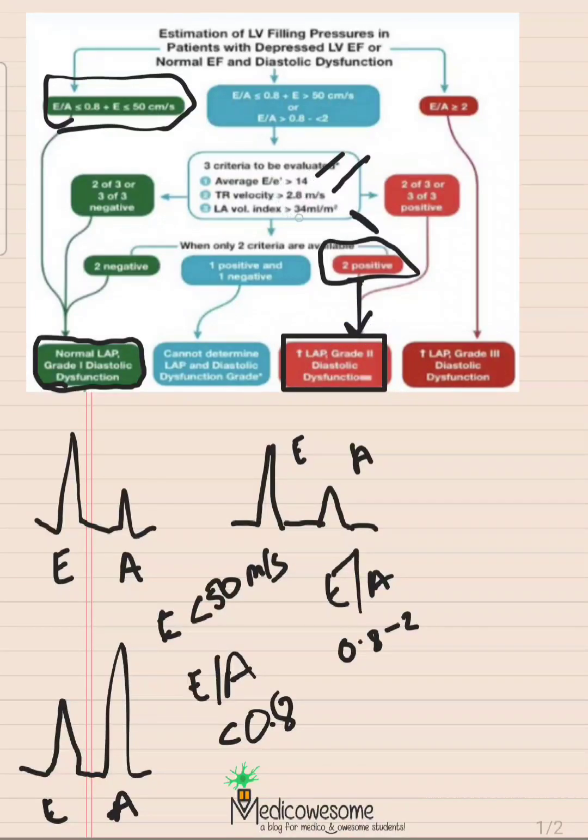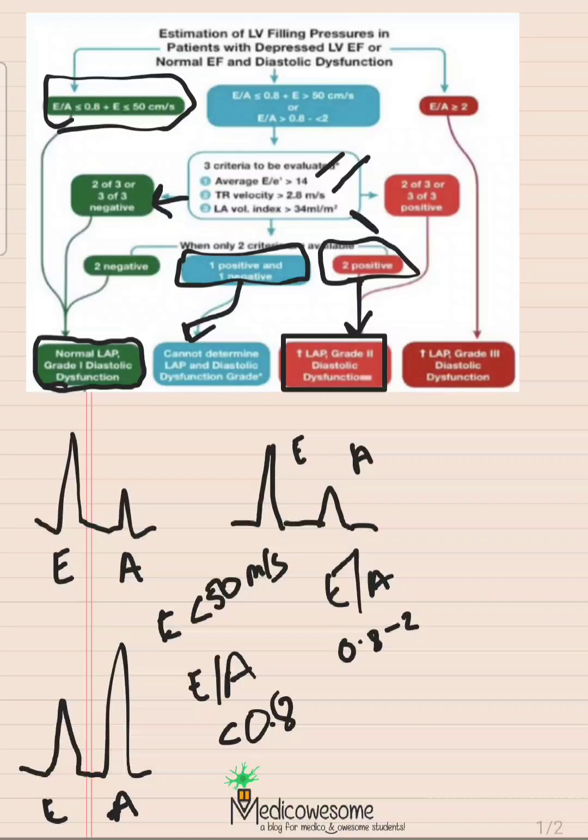If two of the three or all three are negative, then they have normal left atrial pressure with grade 1 diastolic dysfunction. And if you have only two criteria and you really can't evaluate, it's a 50-50 thing, where one is positive and one is negative, then you cannot determine the LA pressure and the diastolic dysfunction grade.